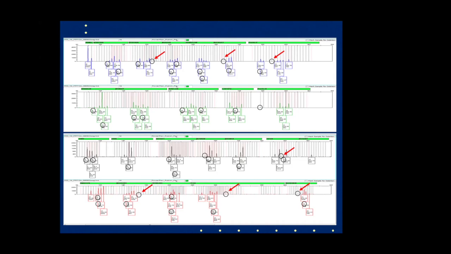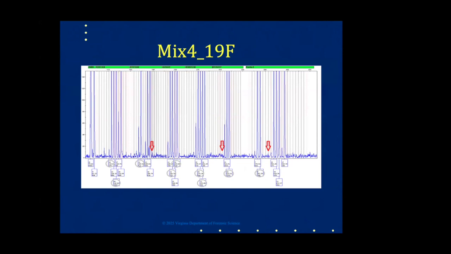And so just to prove that to you, go to the next slide. And this is a blow up of the blue channel.